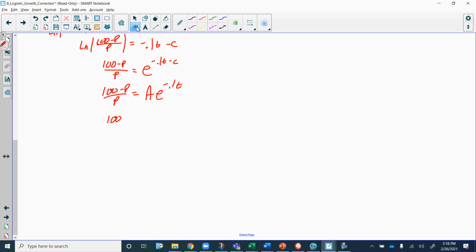So 100 will be equal to p plus p times A times e to the negative 0.1 t power. And factor out the p and divide by the remaining terms, and I'm going to be left with 100 over 1 plus A times e to the negative 0.1 t power to be equal to p of t.